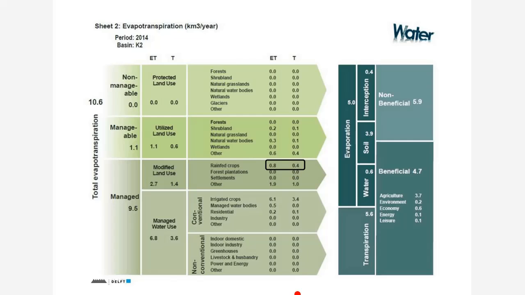And with tables this gets split into percentages that are beneficial and non-beneficial. And then the beneficial still gets split further into different sectors. So for rain-fed crops, you will have a benefit for agriculture and a benefit for economy.